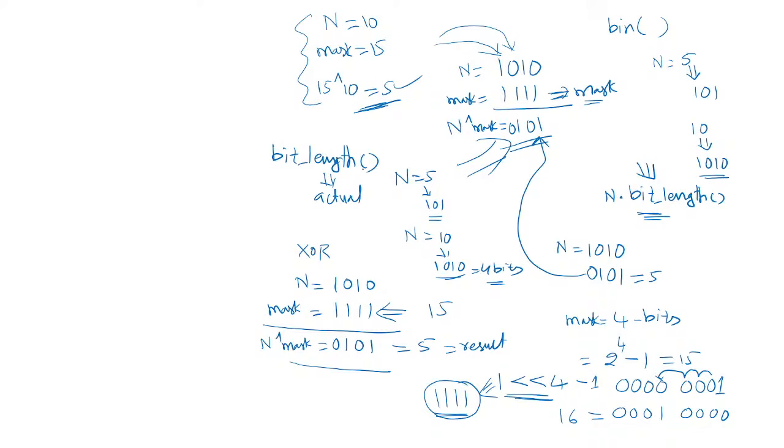So we'll use these properties and write the code. I'll type the code directly. We'll go back to the online compiler.